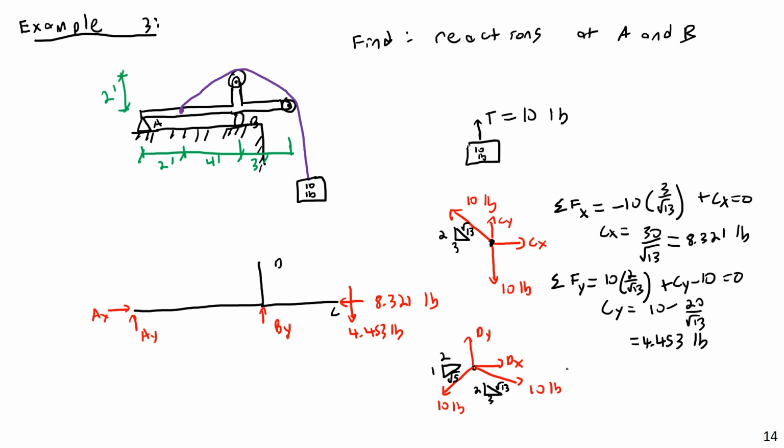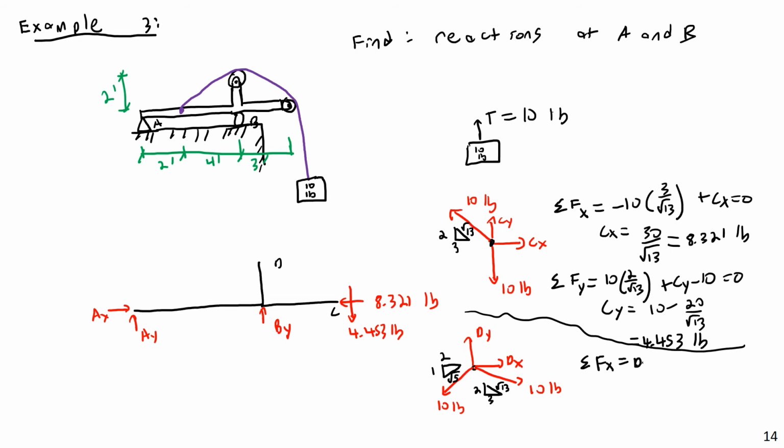Root 13. So now I'm going to do the summation of forces in the x direction. Again, I'm doing a point particle analysis on just the bit of rope that's at the top of the pulley. So yeah, this is definitely more involved than I thought I'd want to do, but it's fine. It still illustrates some nice concepts.